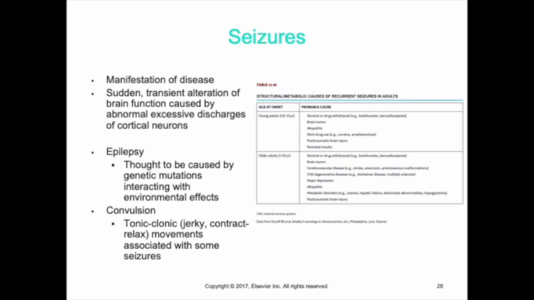If there's a brain tumor, illicit drug use like cocaine and amphetamines. There may be some post traumatic brain injury, or it could even just be idiopathic. With older adults, it can also be from some of these similar things, including major depression, degenerative diseases like Alzheimer's or multiple sclerosis, as well as a stroke, aneurysm, or AV malformations.